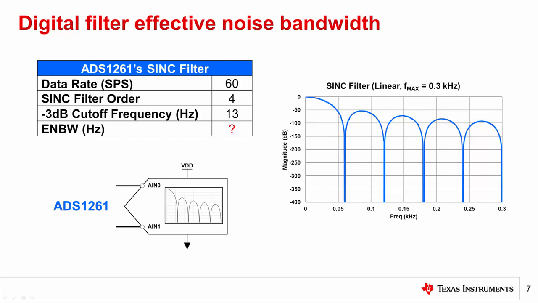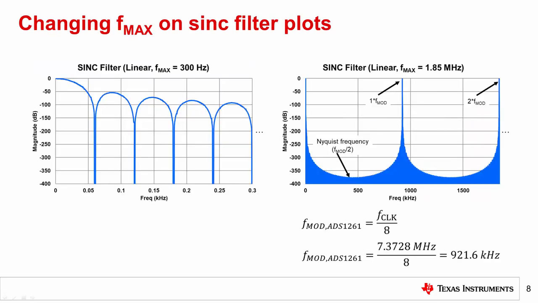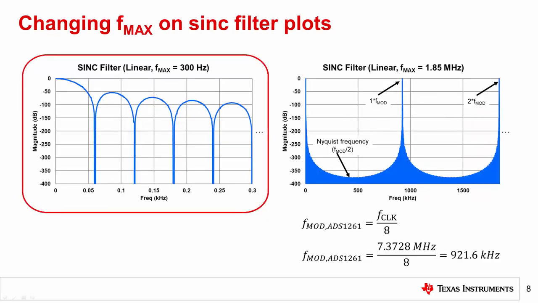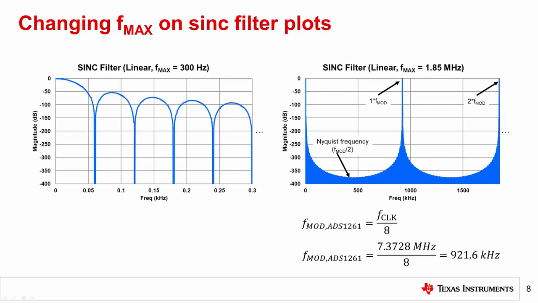If you plotted this sinc filter frequency response over a wider frequency range, you would see some interesting behavior. Shown here on the left is the same sinc filter frequency response seen on the previous slide that was taken from the ADS1261's datasheet. This plot is useful to show how the integrated filter rejects multiples of the output data rate, which in this case is 60 samples per second.